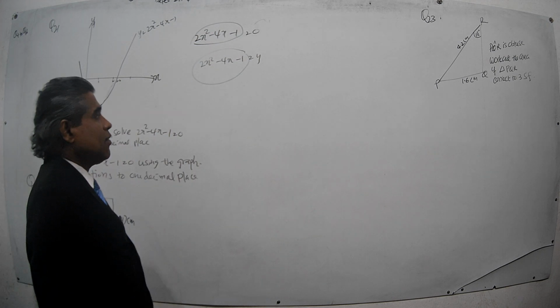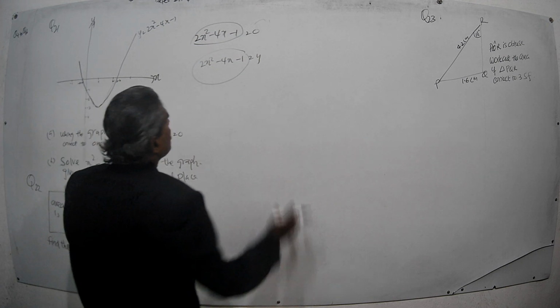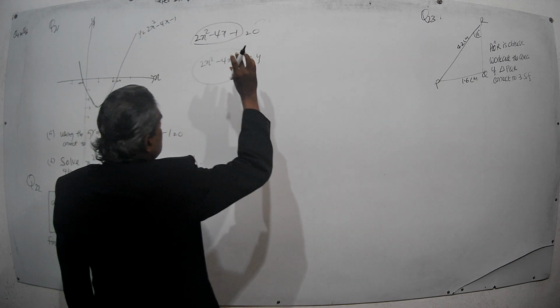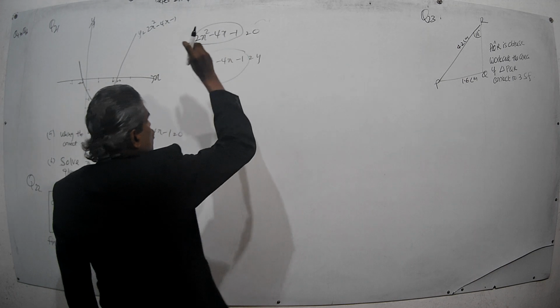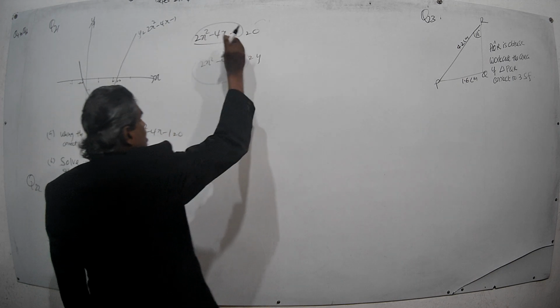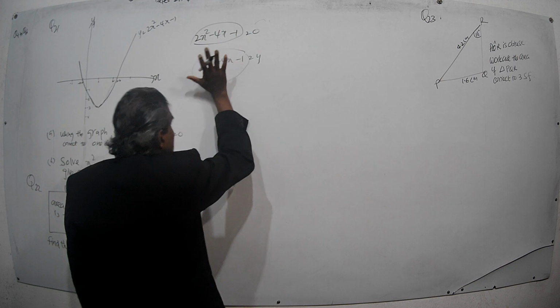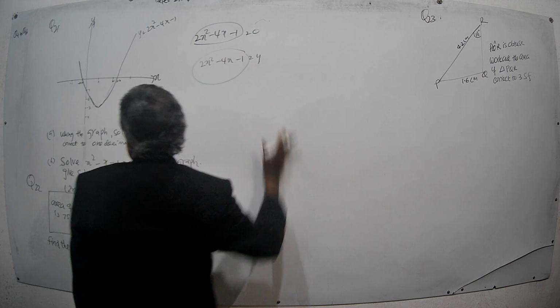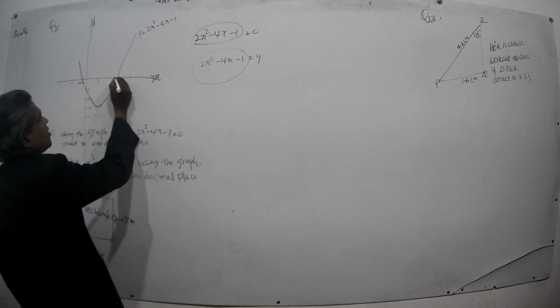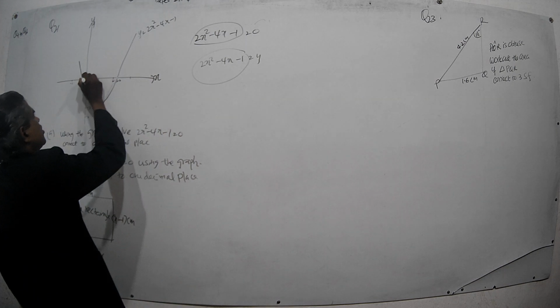Therefore, to solve this quadratic equation, we have to find the x values of this graph when y is 0, at these 2 points. See, here y is 0, here y is 0.